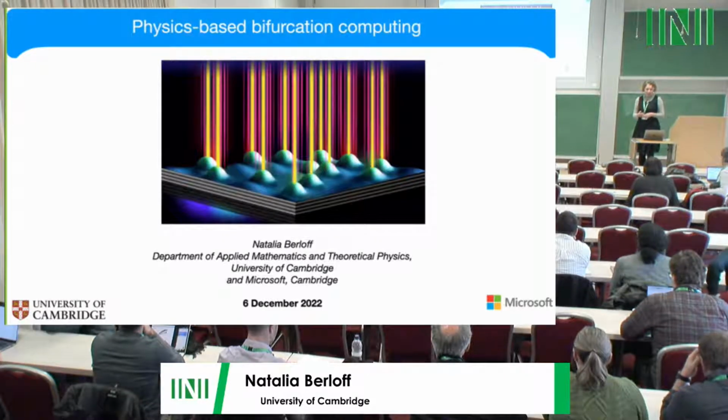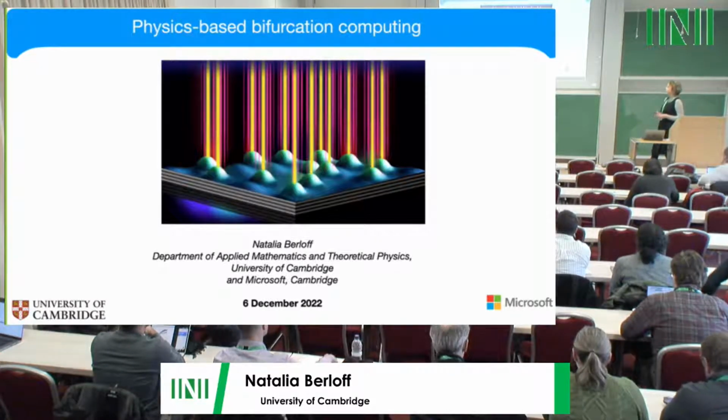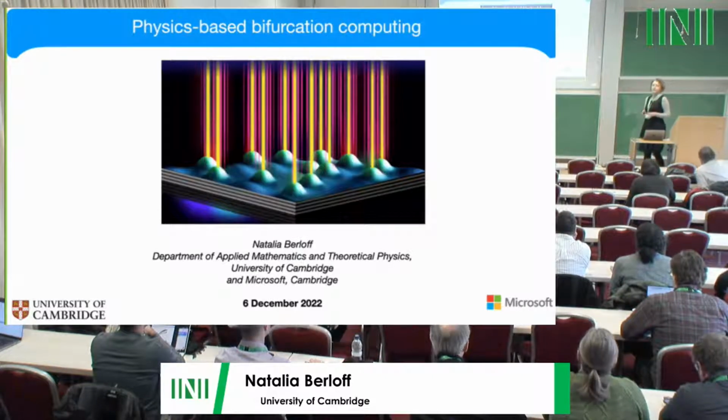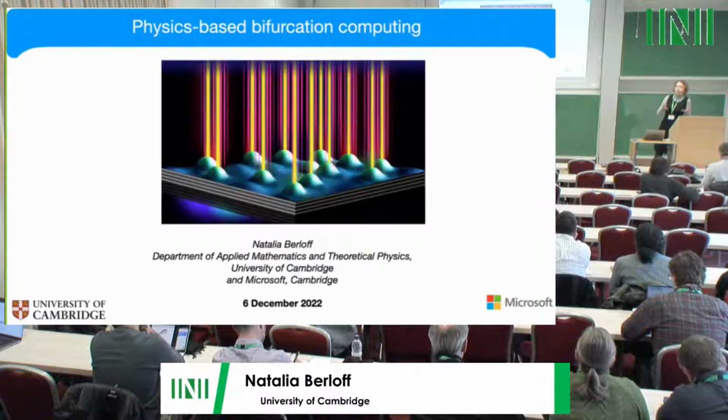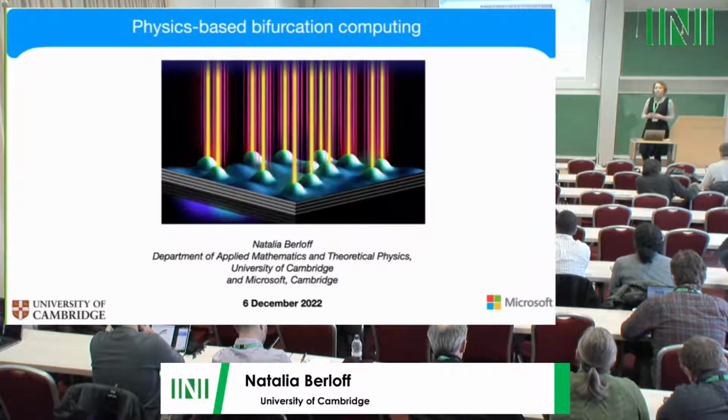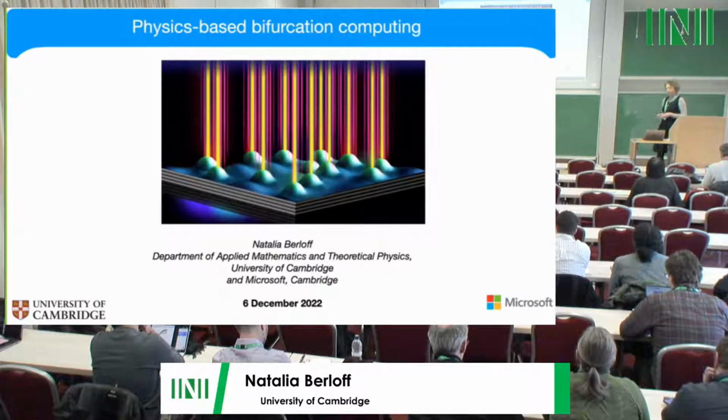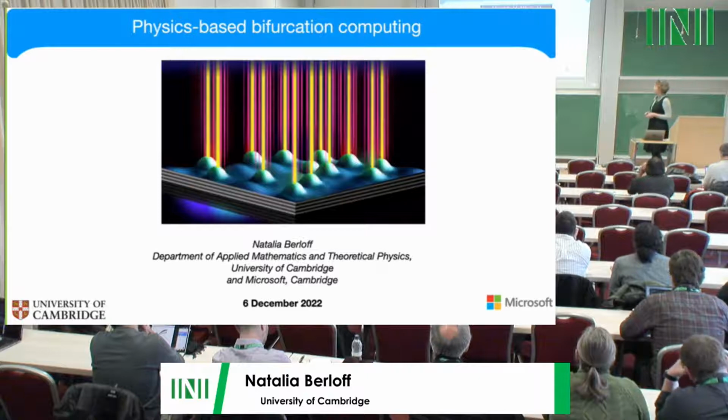That will be the subject of my talk. I will focus on a particular system, the system of exciton polaritons. But then I'll take it further and show how the principles by which the system operates can be applied to solve problems.